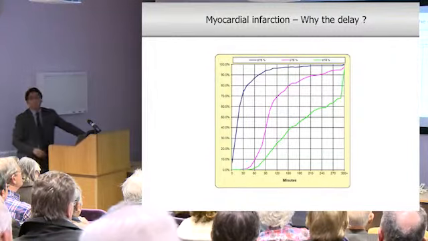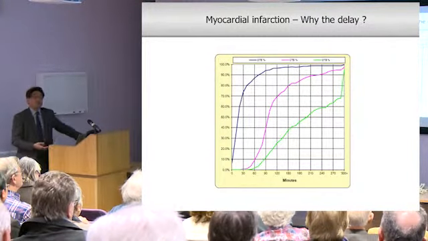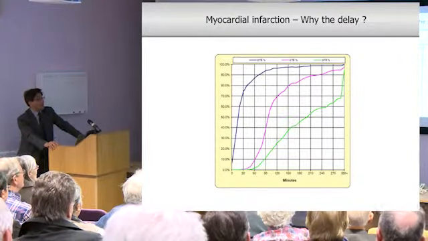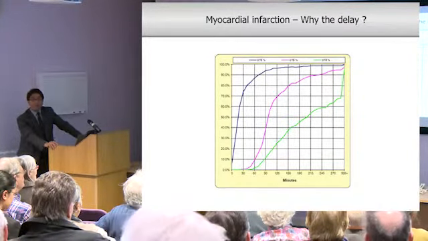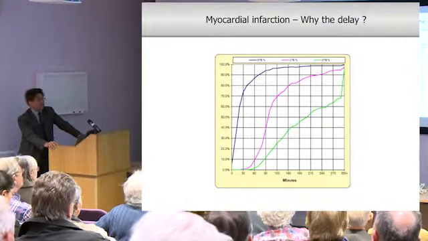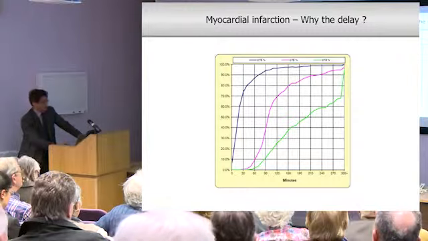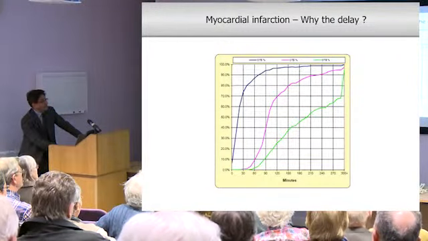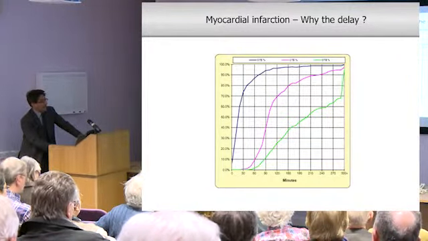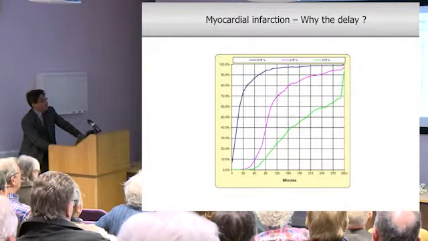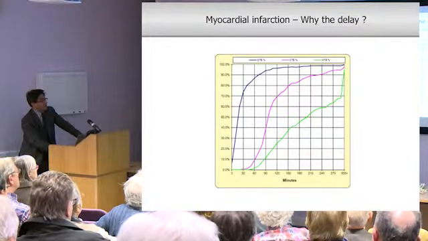So I said to you that we were very keen to deliver this treatment as soon as we possibly could, and we take a lot of trouble to monitor our performance in that respect. So the graphs that you're seeing here again reflect this time along the x-axis in minutes, and this is a cumulative percentage, and the cumulative percentage relates to 3 different things.